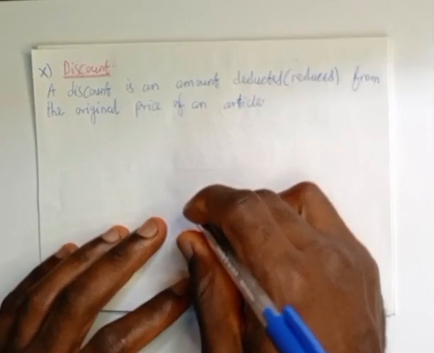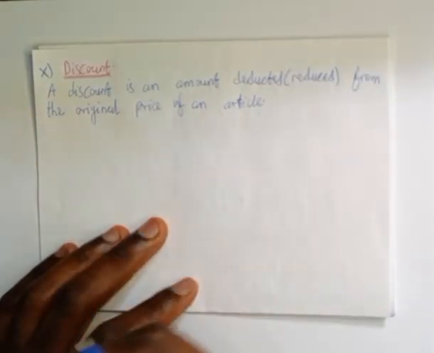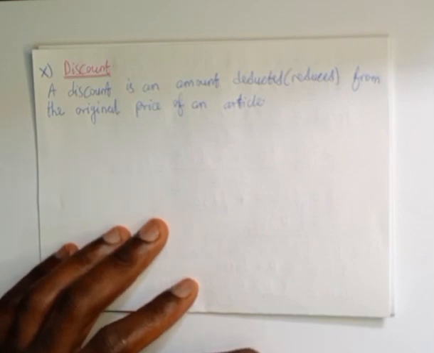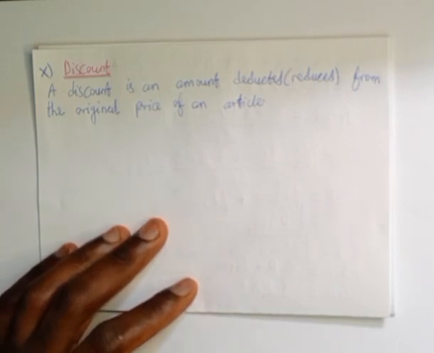For example, the original price of an article can be $500 and the seller decides to reduce $20 from the original price. The $20 reduced is a discount.